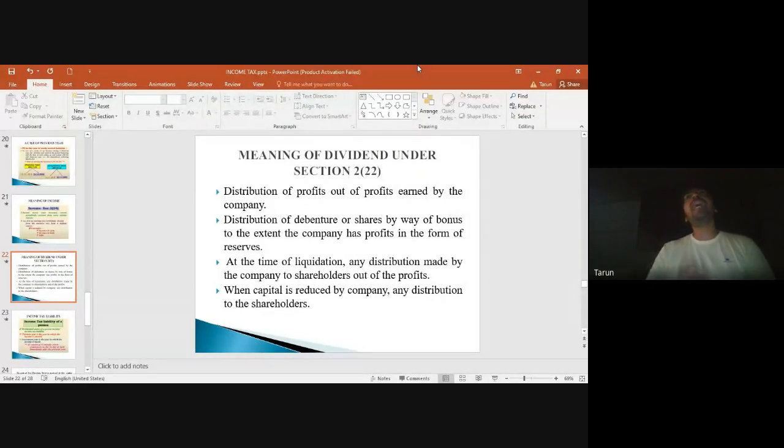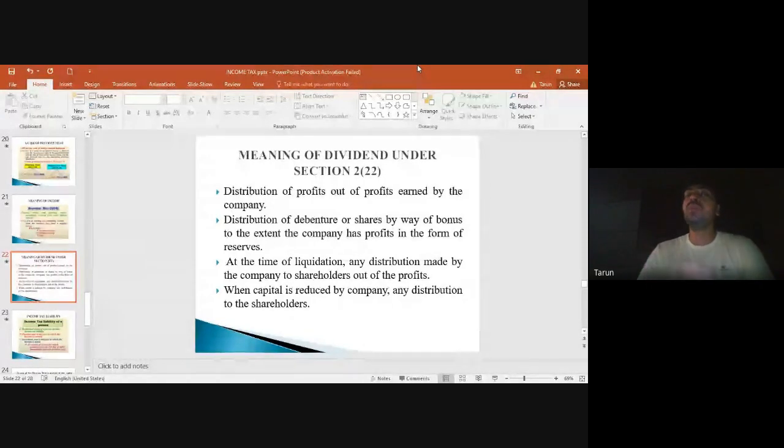So if any capital is reduced by the company and any profit is still distributed to the shareholders, that portion of profit is counted as dividend under section 2(22), that means section 2 subsection 22.